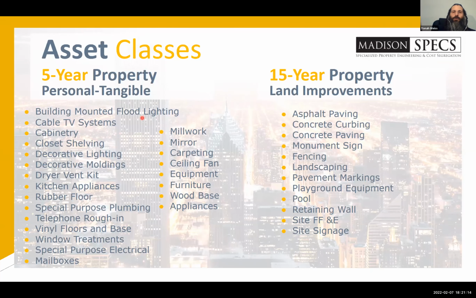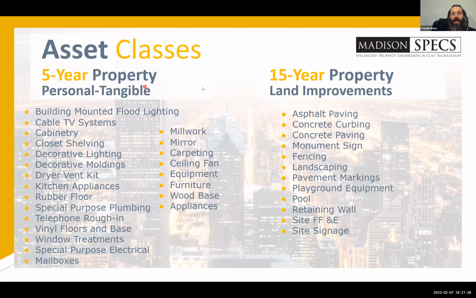Again, 39 for commercial, 27.5 for residential, including multifamily. Don't get confused by that, because for lending purposes, commercial is anything over 4 units, 5 units and up. For tax purposes, 27.5 years is always going to be the case for multifamily properties, even if it's a 300 unit building.